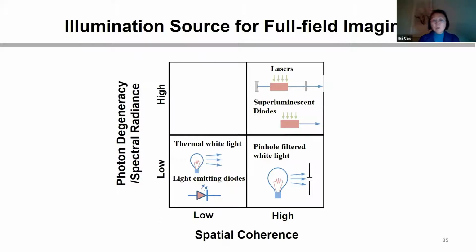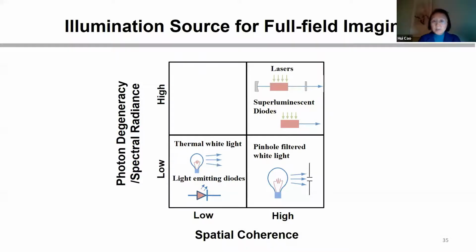Thermal light, like a lamp or LED, doesn't have any coherent artifact because of low coherence, but its power is low. So if we want to image through a lossy or scattering medium, we don't have enough power. Or if we want very fast imaging, with very short integration time, we also don't have enough power.